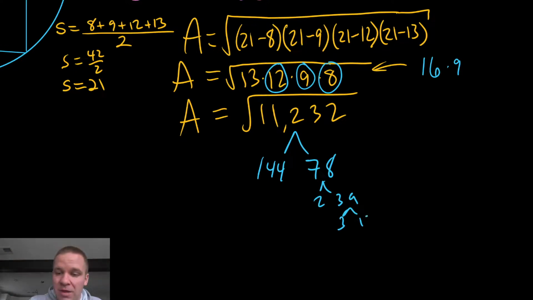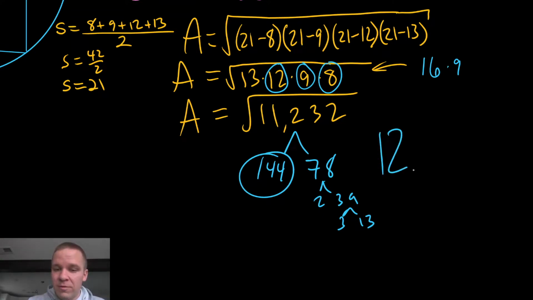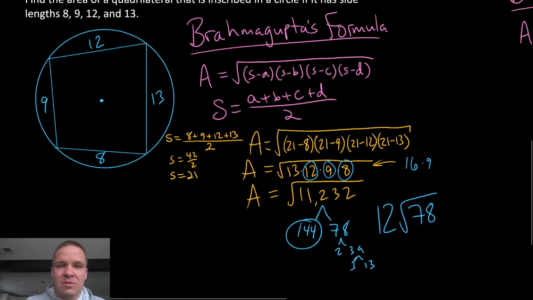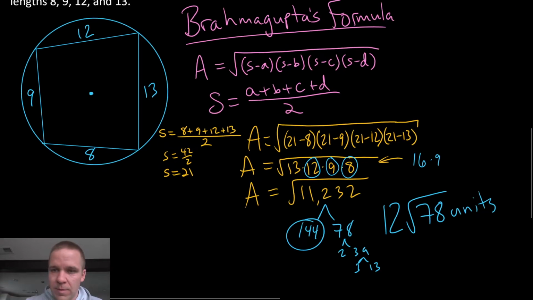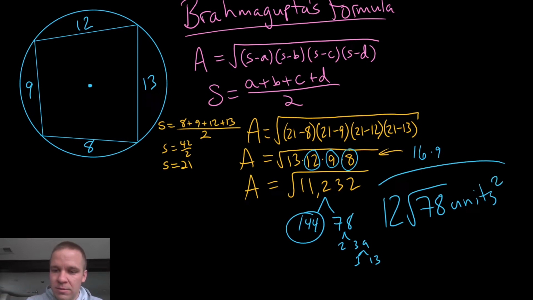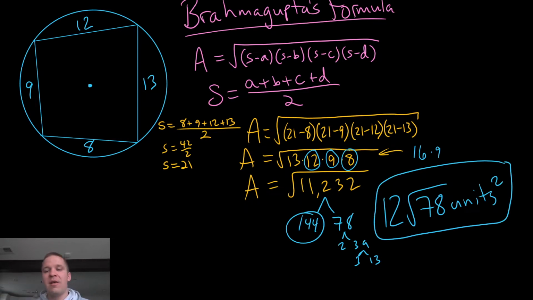Then I'm going to get 3 and 13. No pairs there. But the square root of 144 is 12. So I'm going to have 12 square root 78. I don't know if we had any units on this one. It does not. So units squared. That will be my final answer.